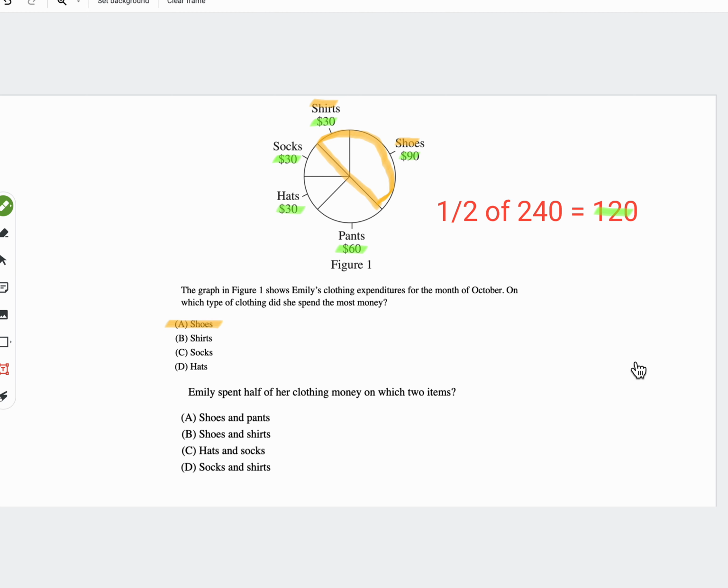Either way will work. And either way will arrive us at B. Shoes and shirts account for half of Emily's spending budget. The answer is B.